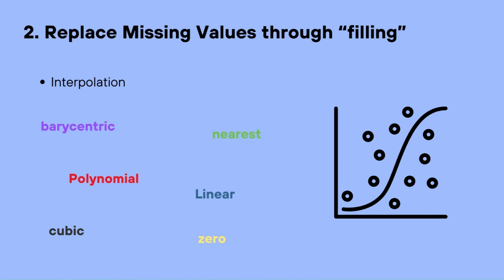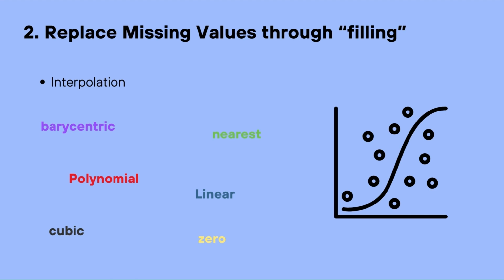It does so through constructing a function or a curve that passes through the given data points in order to approximate the values at intermediate positions. Instead of relying on existing data points to fill missing values in data, such as the mean or through backwards or forwards filling, interpolation gives us a way to make educated guesses about the values in those intermediate positions where we have null values.